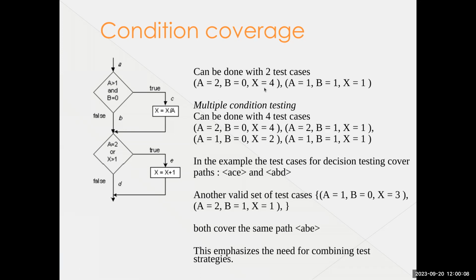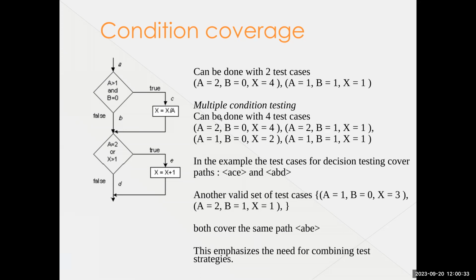Yes, x is greater than 1, so it will go this side. If we input these three variables, the path is A, C, and then E, right.